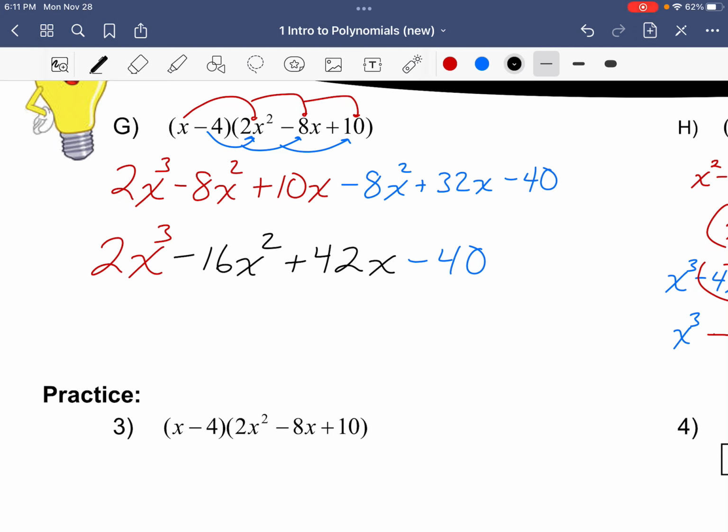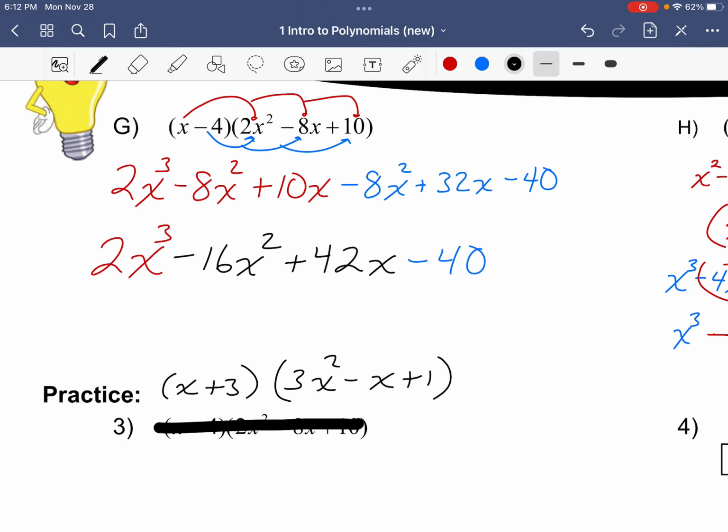Actually, it will be changed on the paper that you have. Let's just change it here right now so that it looks like the one on your paper. How about x plus 3 and then 3x squared minus x plus 1. That's the one you should be practicing.